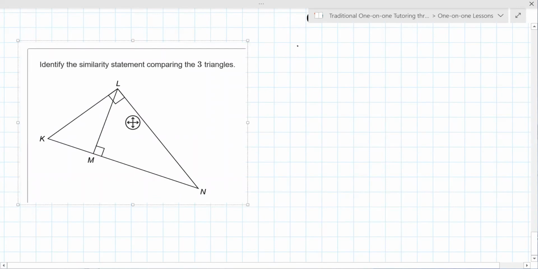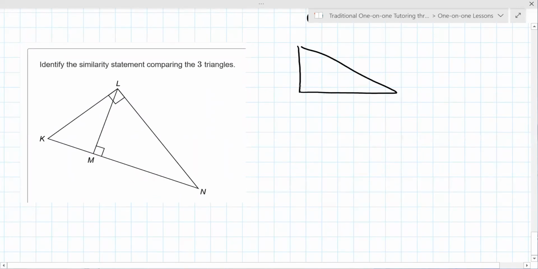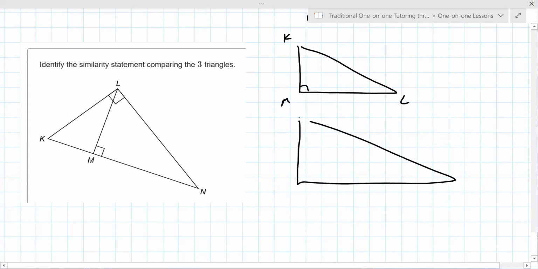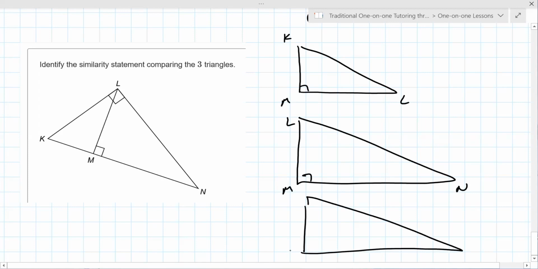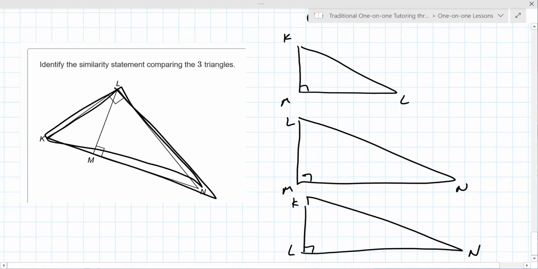The small triangle is KML, the medium triangle is LMN, and the big triangle is KLN.